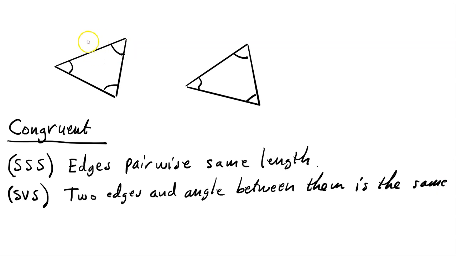So for example, if that's equal to that, and that's equal to that, and these angles are also the same, then we know that the two triangles are congruent. So we don't have to check that every angle and every edge is the same. We only have to check that 2 edges and the angle between them are the same. Then it follows that the triangles will be congruent.